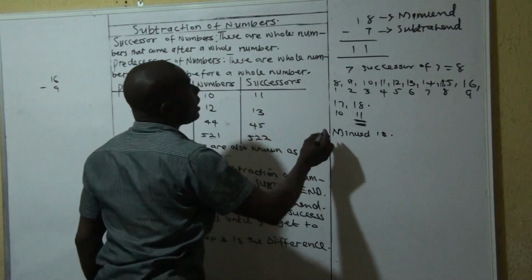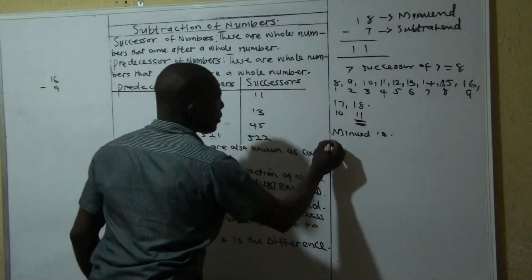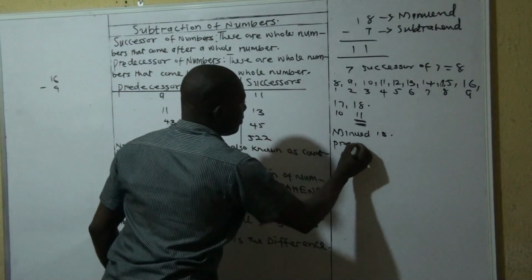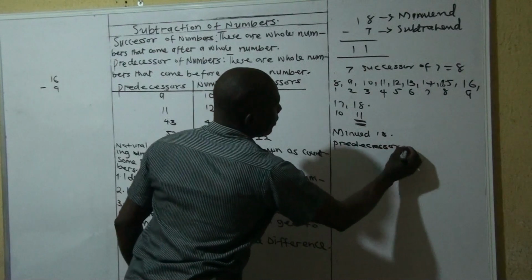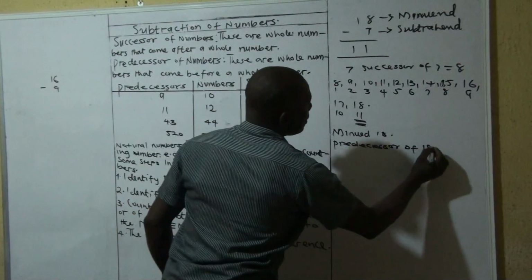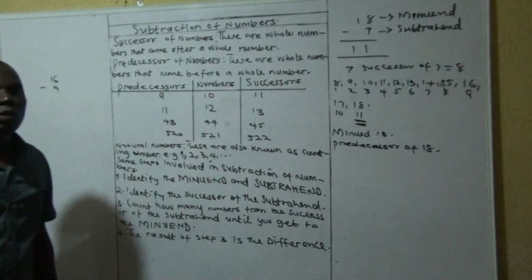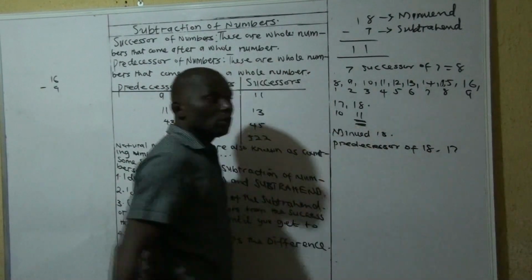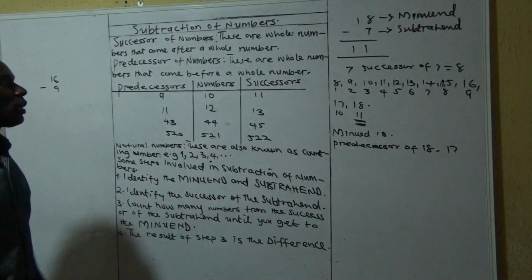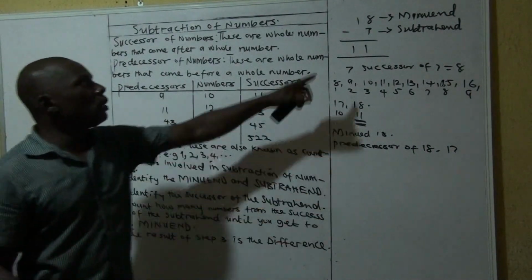So let's look at the predecessor of 18. Which number comes before 18? And that will be 17. Okay? In this case, we are going to count backward until we get to the subtractand.